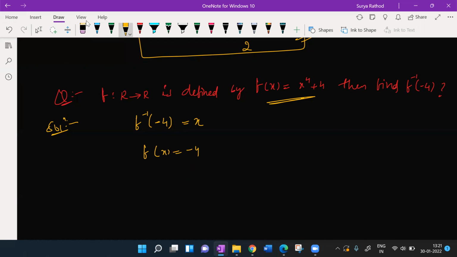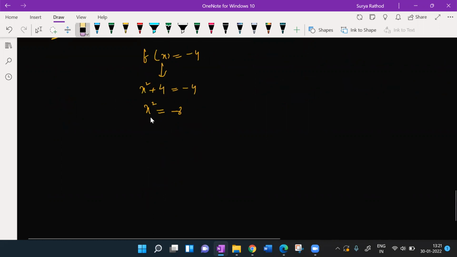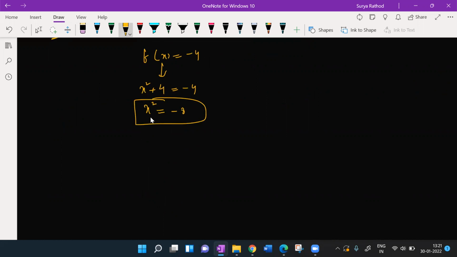I wrote it perfectly. f of x given: x⁴ + 4 is equal to minus 4. So x⁴ is equal to minus 8. One second, x⁴ is equal to minus 8, right? So is it possible, guys? No, not possible.